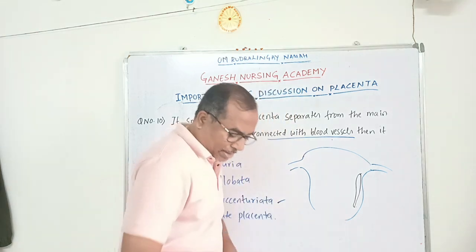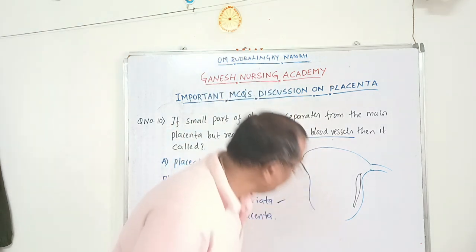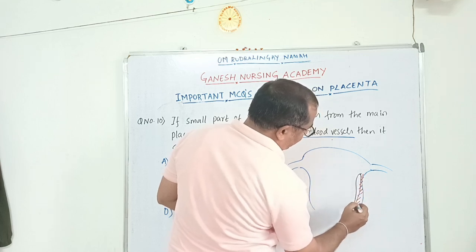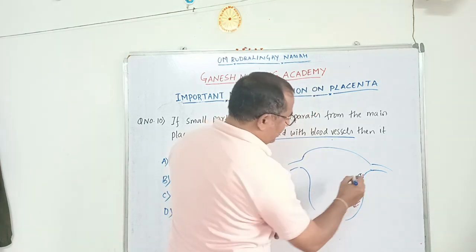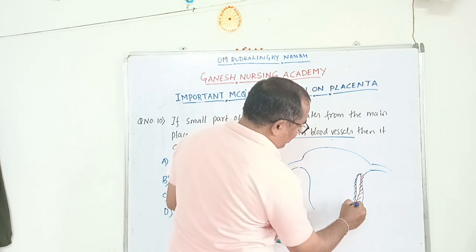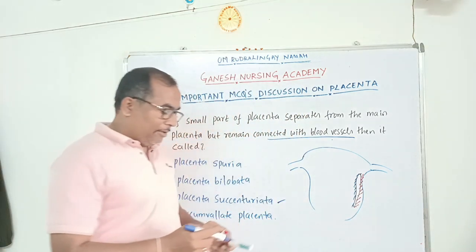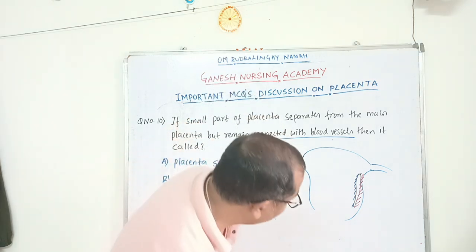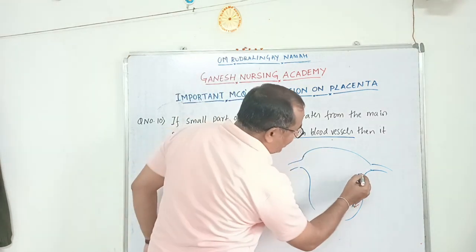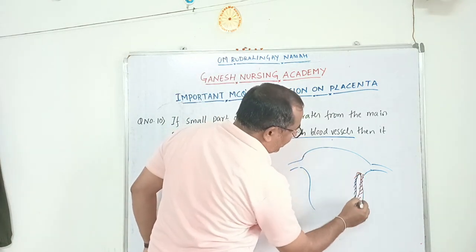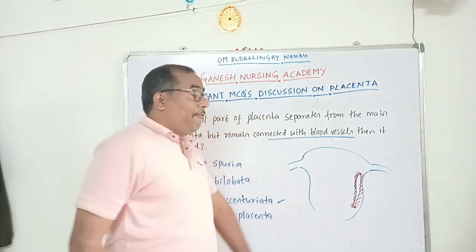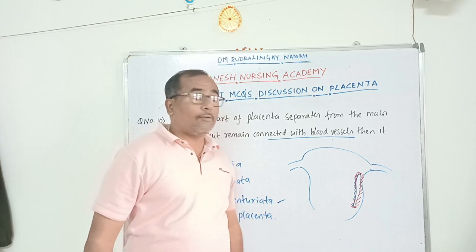This side is the maternal surface, and here is the fetal surface. When the maternal surface starts encroaching on the fetal surface and reducing the fetal surface, then it is called a circumvallate placenta.